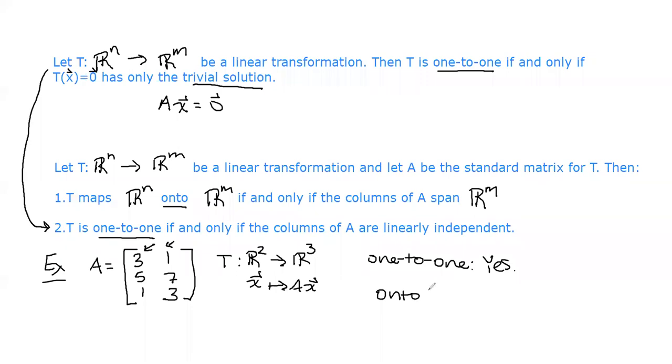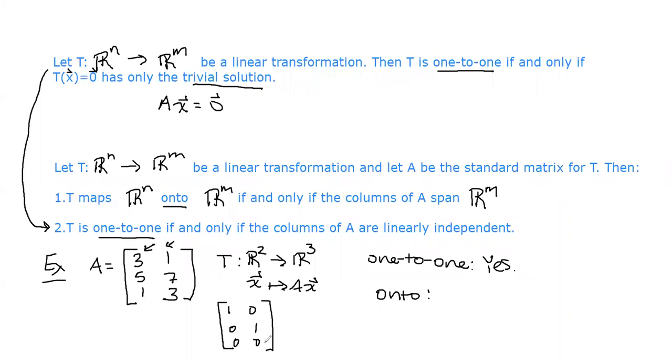Is it onto? Well, it's going to be onto if and only if the columns span Rm. If we take a look at this, there is no way for the columns to span Rm. That's because there are more rows than columns. So if we collapse this down into its reduced row echelon form, the best we can hope for is a row of zeros at the bottom.